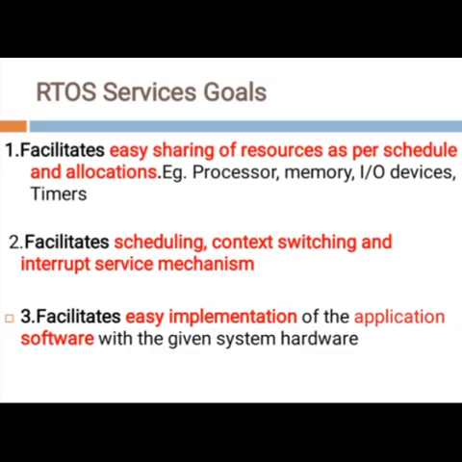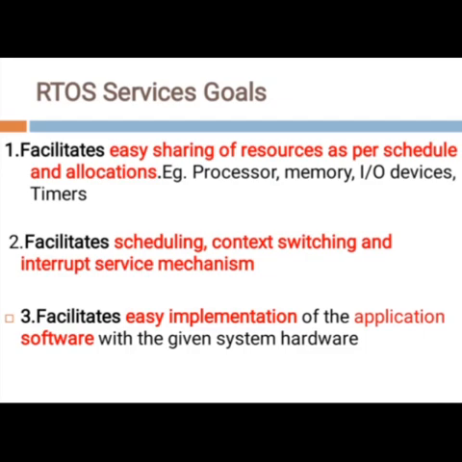Scheduling is nothing but the activity of the process manager that handles the removal of the running process from the CPU and the selection of another process on the basis of a particular strategy. That strategy can be first come first serve, round robin scheduling, shortest job first, and many things like that.